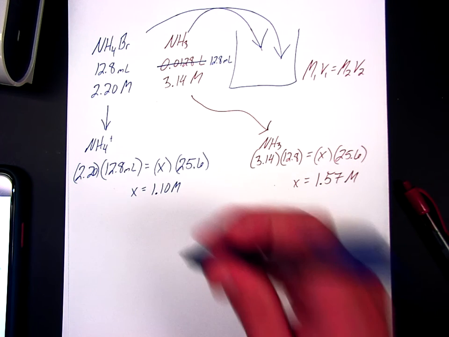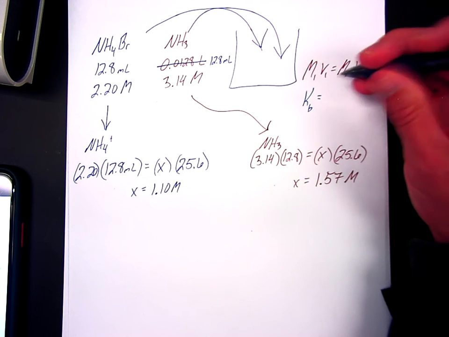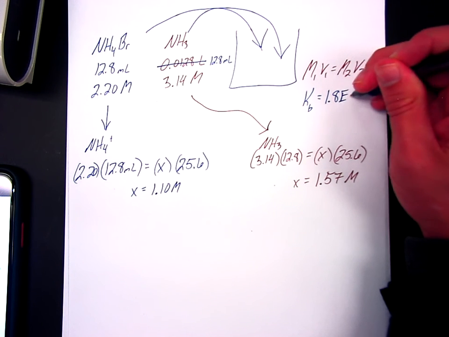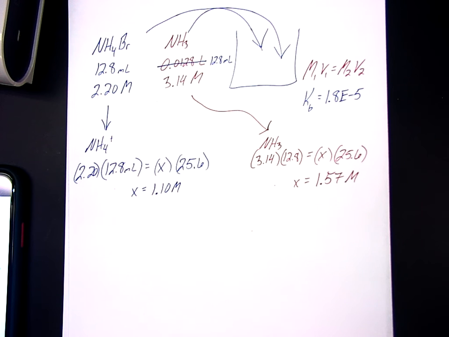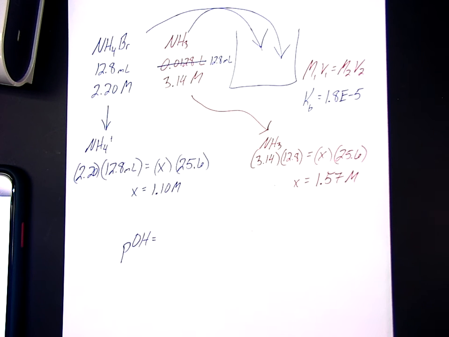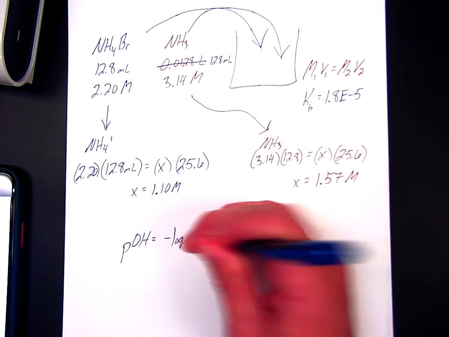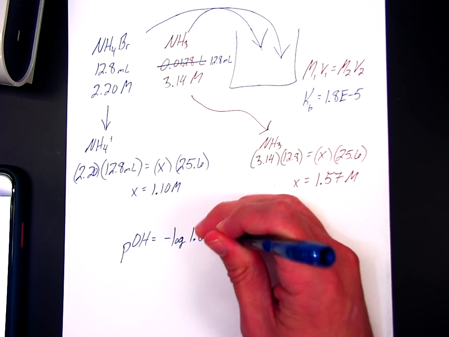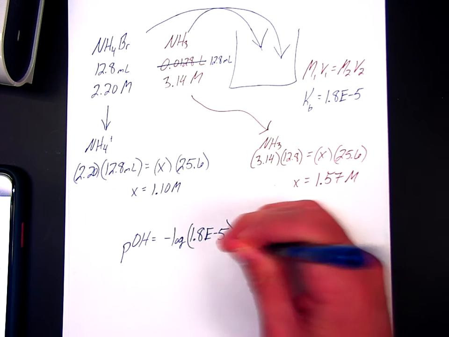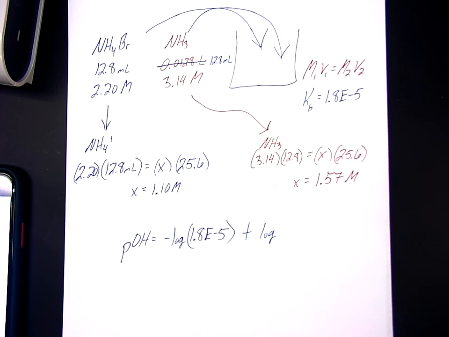We have a constant KB value that you need to know that you maybe memorized by now: 1.8 E negative 5. So we'll use that for our plug here as we say, well, it's a KB, so that's inherently going to give me a pOH equal to the pKB, so that's negative log of the KB, which is 1.8 E negative 5, following the equation, plus the log of the ion over the weak sample.